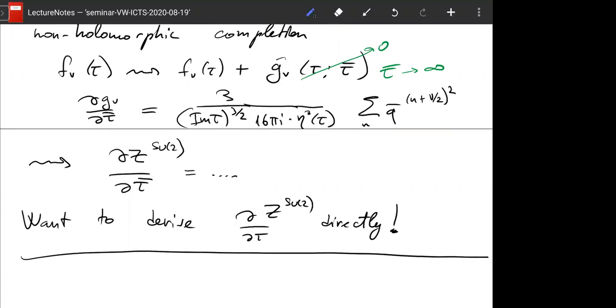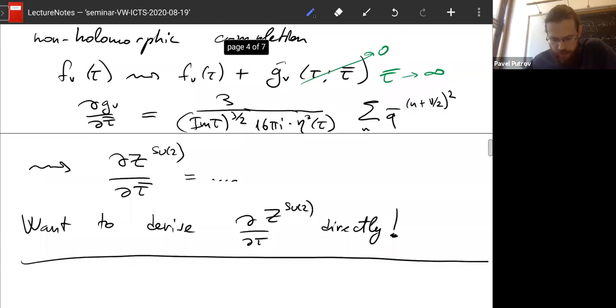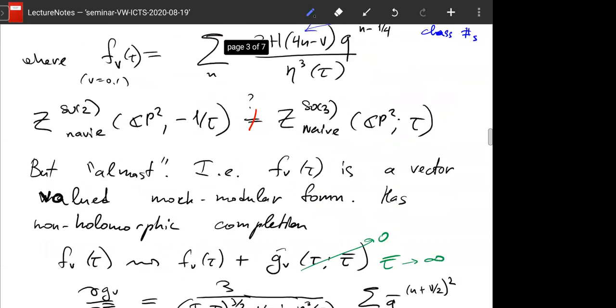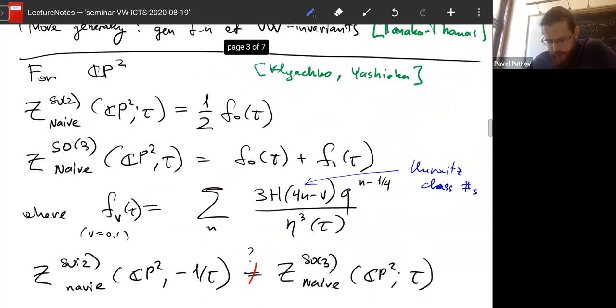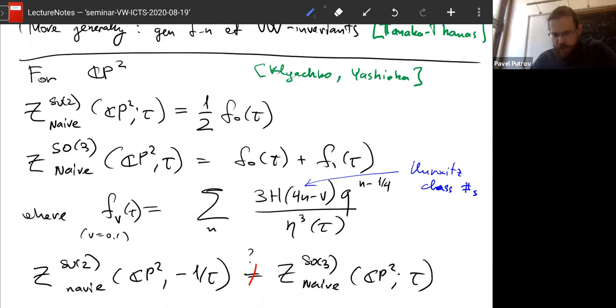Hello. So Pavel, there's also one another thing that we would expect, right? Which is tau goes to tau plus 1 to get the full SL2Z. Yes. So that is already true for both F_V and G_V. Because these things are just determined by an overall shift of the power of q.